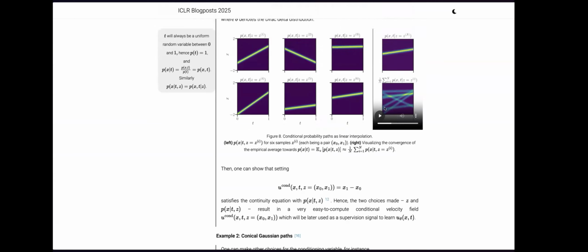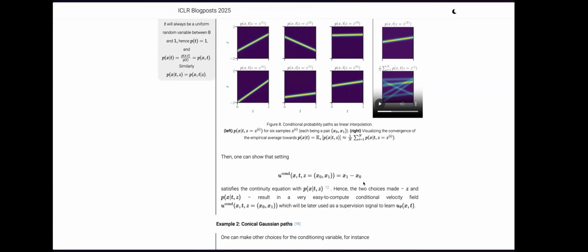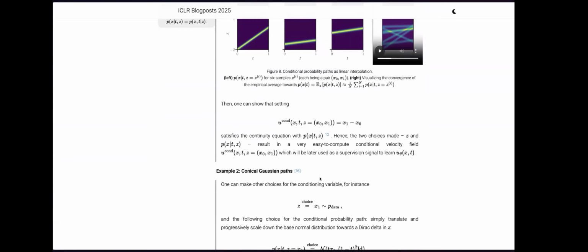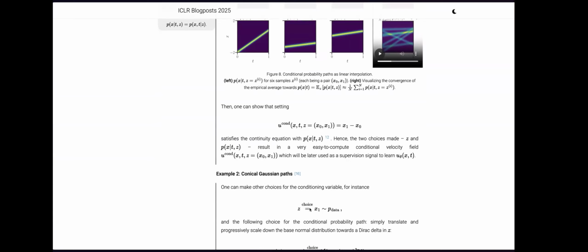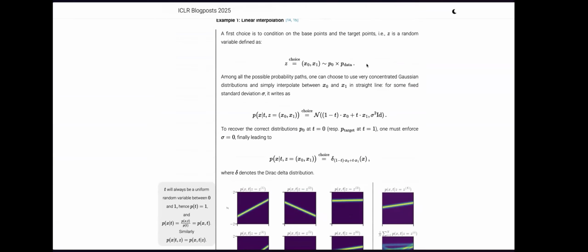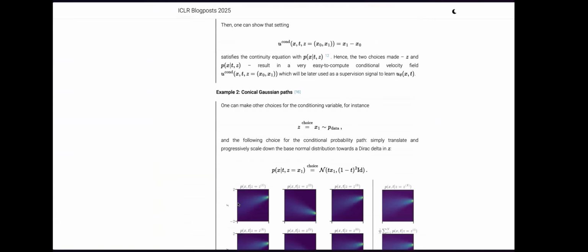So you saw this effect, right? Now I'll tell you about one more, and that's the conical Gaussian paths. They're actually very simple. They're very similar to this, but we assume that x0 doesn't matter. Essentially, x0 can be the entire x range, right?